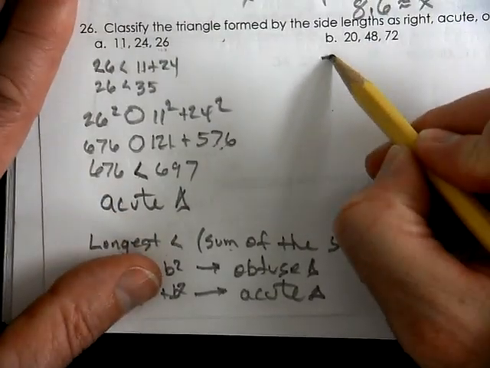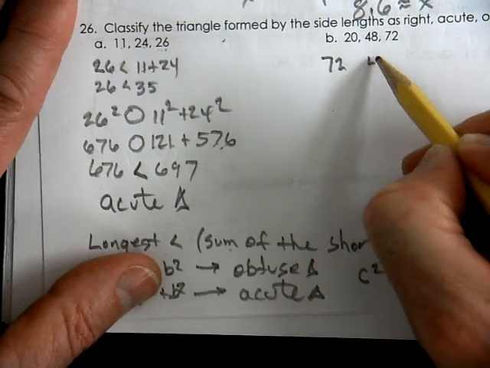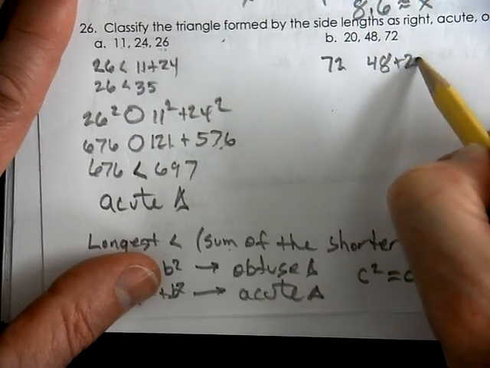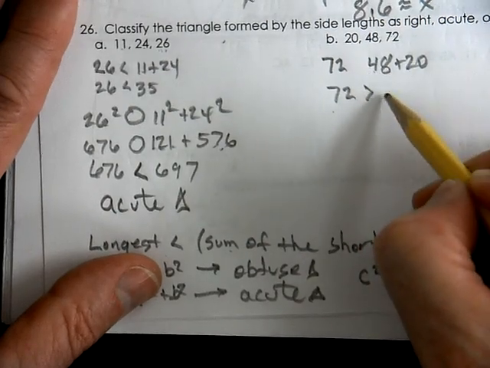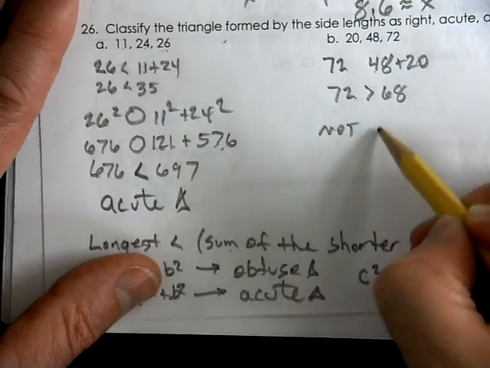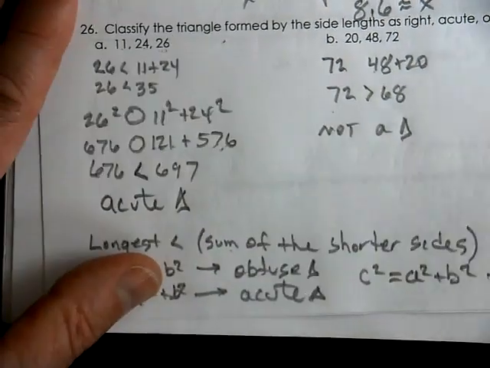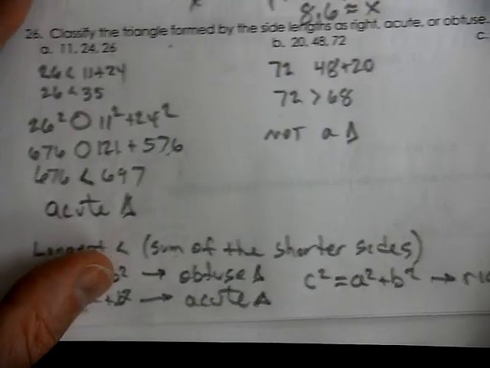Over here, we see that 72 compared to 48 and 20. 72 is still bigger than 68. Not a triangle. It's not a triangle, so you can't even calculate it because it doesn't make a triangle.